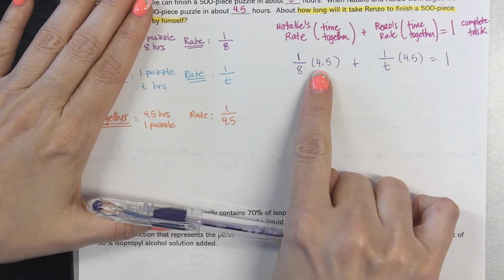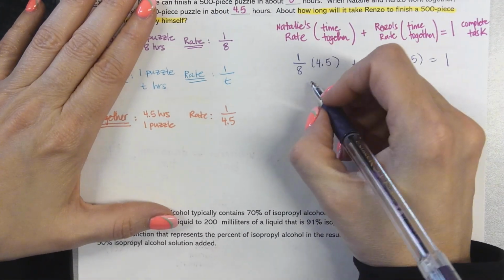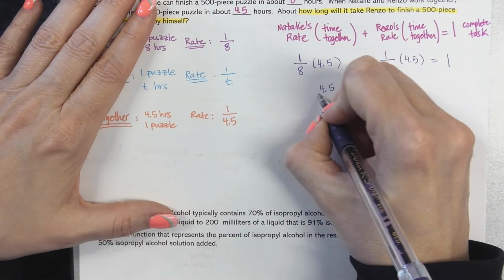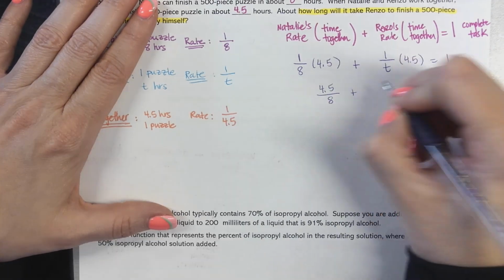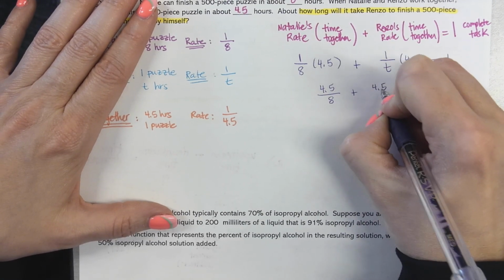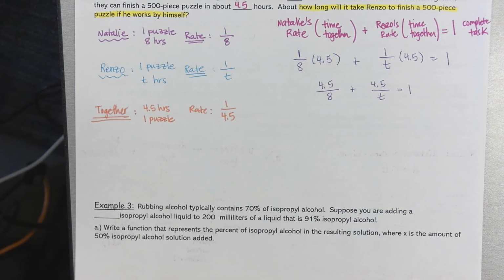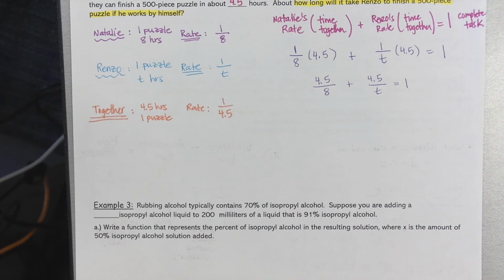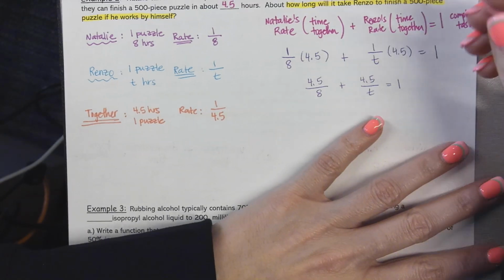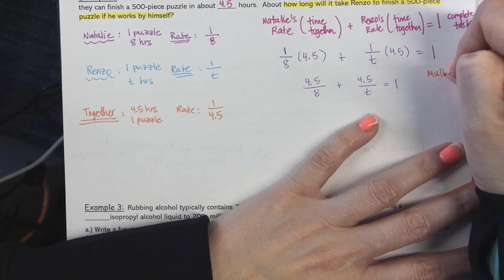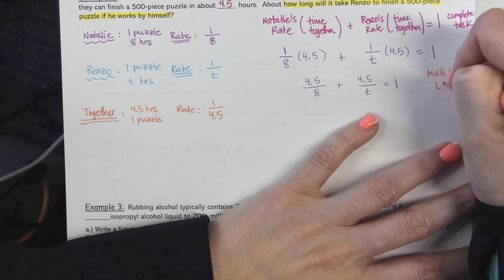So if you're multiplying a fraction by a whole number, just remember to multiply it by the numerator. And then once you have this, now we can multiply each side by the LCD. Okay, so that is how I want you to solve these. Multiply it by the LCD.